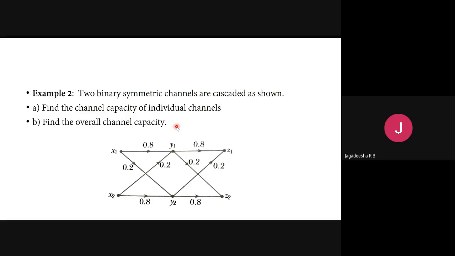So basically, we are interested in here X1, X2, Y1, Y2. So how to write the conditional matrix here? Okay. So X1 to Y1 is 0.8, X1 to Y2 is 0.2, X2 to Y1 is 0.2, X2 to Y2 is 0.8. So that's the matrix here. Okay. 0.8, 0.2, 0.2, and 0.8.